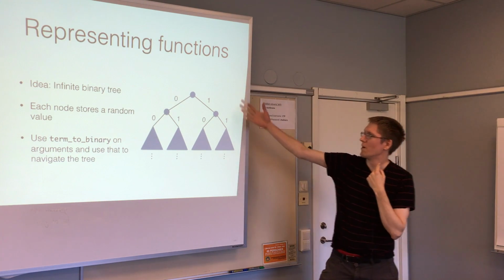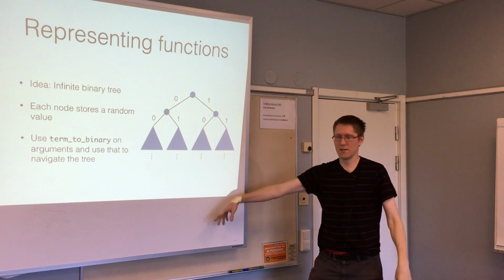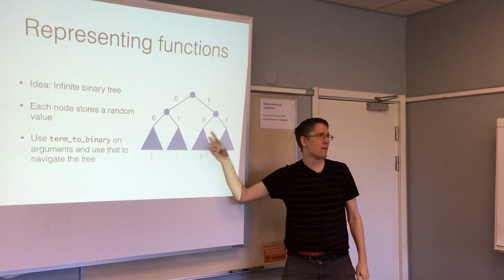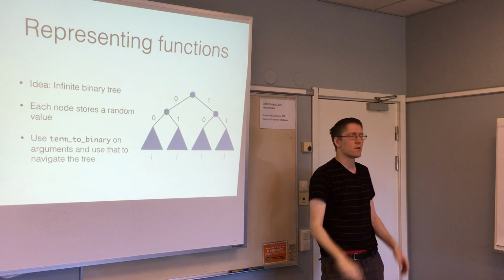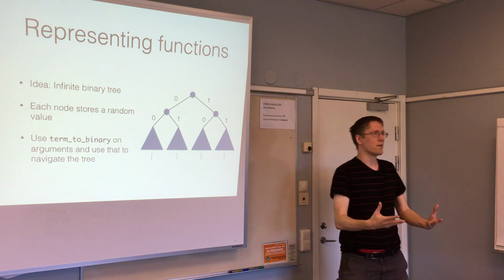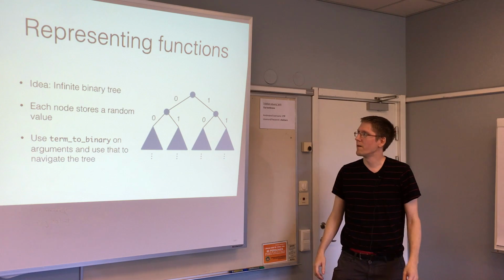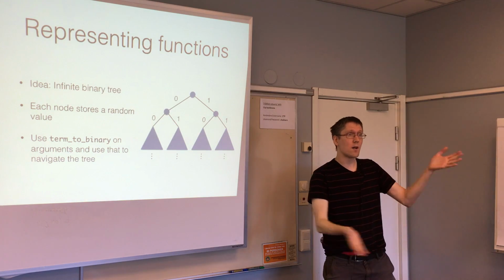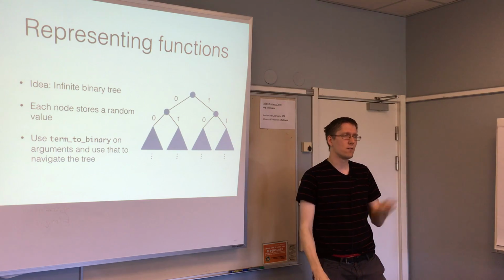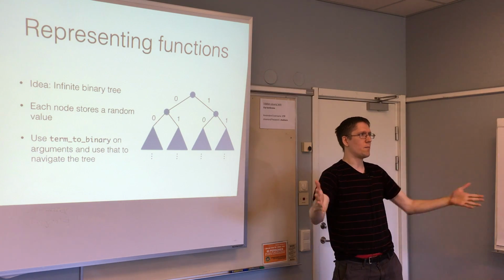So like this, right? You have that this goes on forever, and in each node you store a random value, a random result. And then how do you apply a function represented as an infinite binary tree to an argument? Well, we have term_to_binary. Anything you could feed to an Erlang function, you can run term_to_binary on and get a binary.